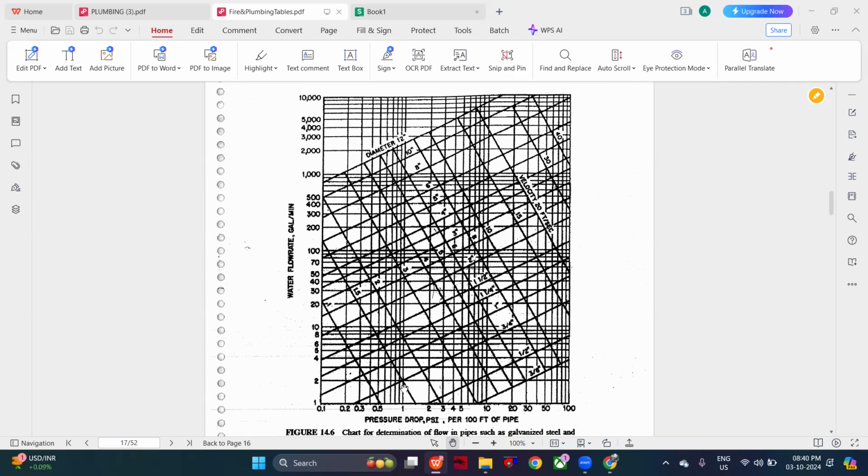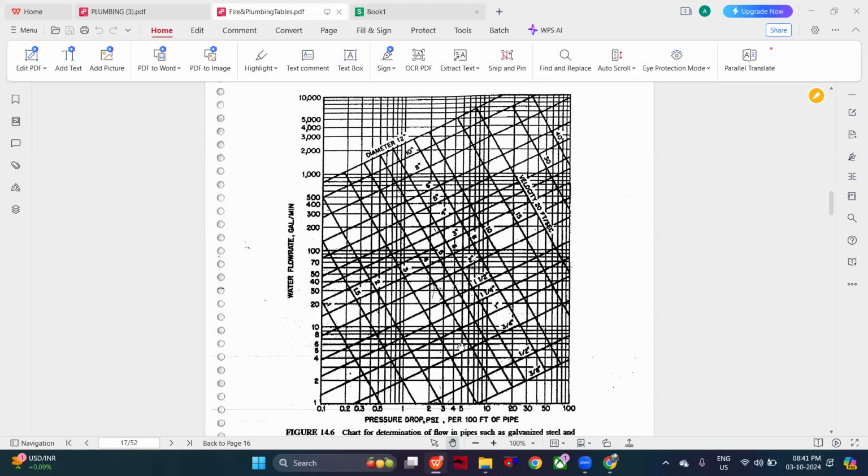So for here, first of all, I cannot allow more than 5 psi. So here is my flow rate as 7. Flow rate is 7, and the head loss is 5. So I made that a constant. 5 constant, and 7 is the flow rate. So the line joined here.